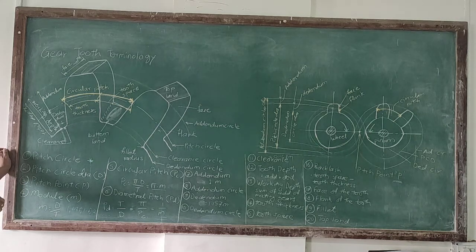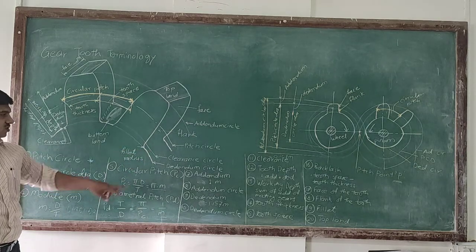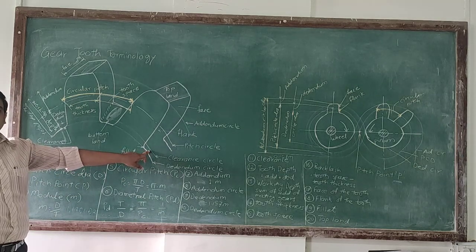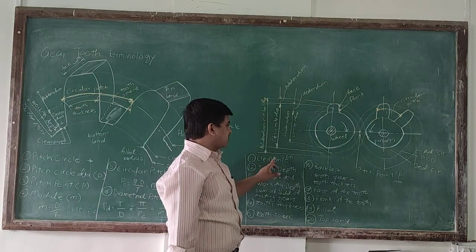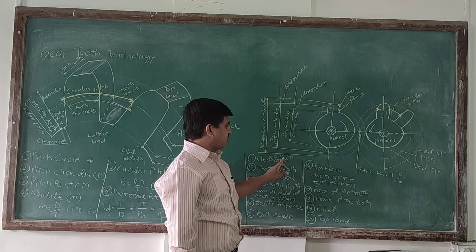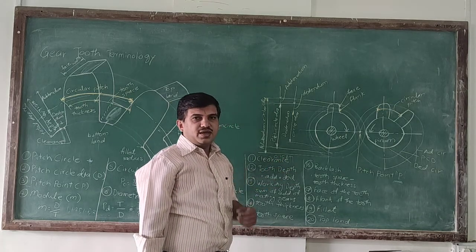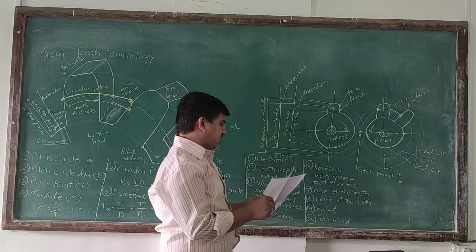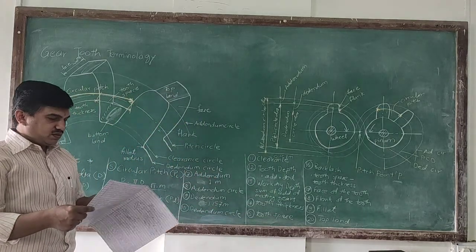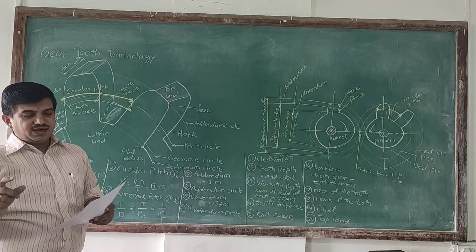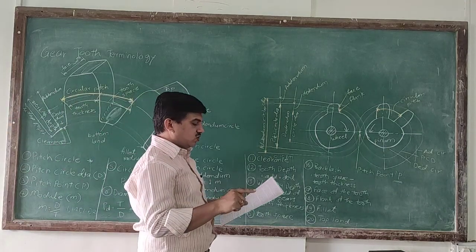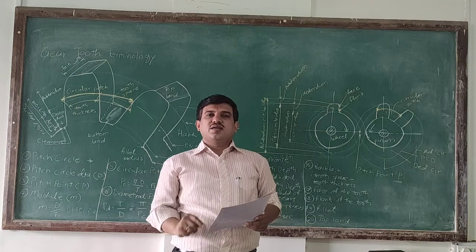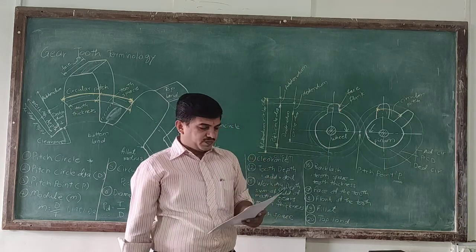So that is nothing but the clearance circle. Clearance is measured as a value of 0.157 module. And how is it defined? It is the radial distance between the top of one gear tooth to the bottom of another gear tooth, the mating gear.